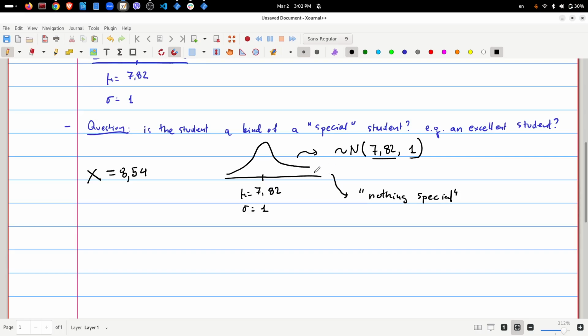It's actually the distribution of average marks of what I would expect to see if I would pick randomly a student from a department.